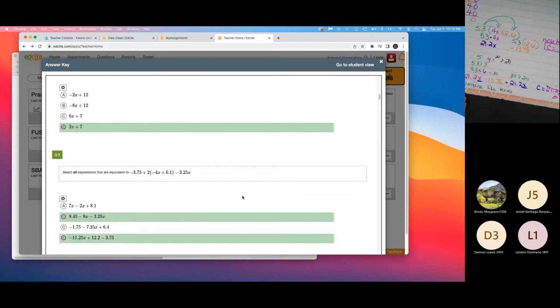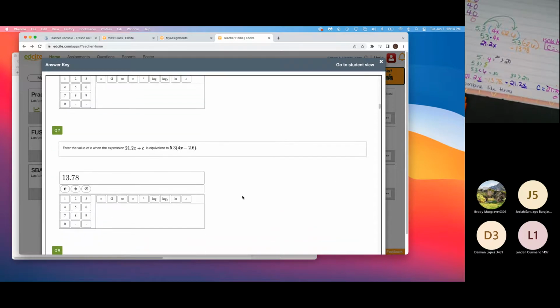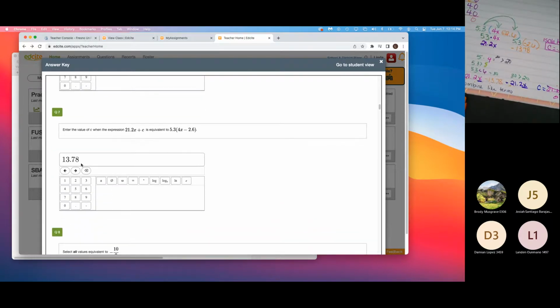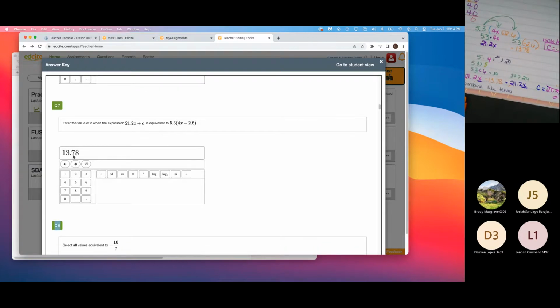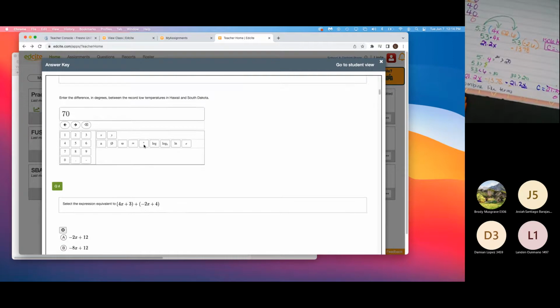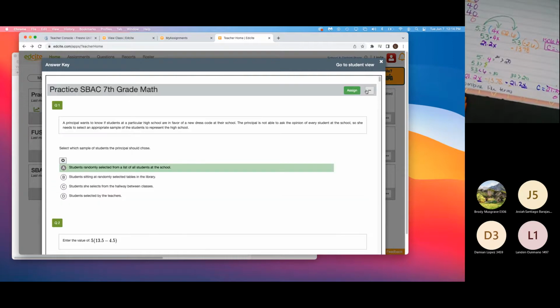The under dash is the reason why I got it wrong, meaning the subtraction sign. So see right here, 13.78. Oh, it should be negative. When I entered in the answer key, I did positive 13.78. That's what's wrong. We fix it.